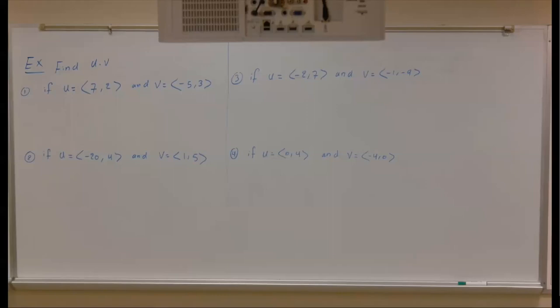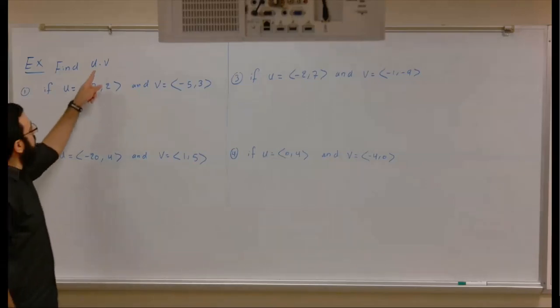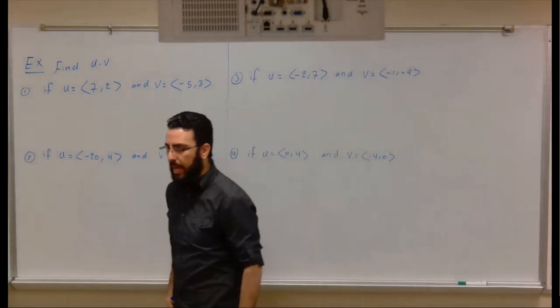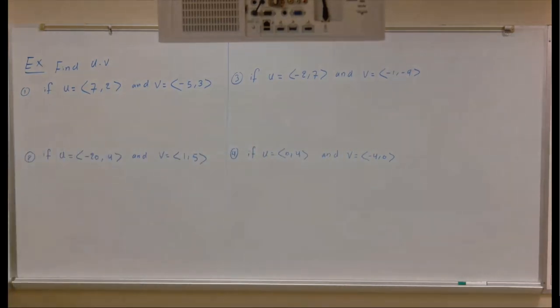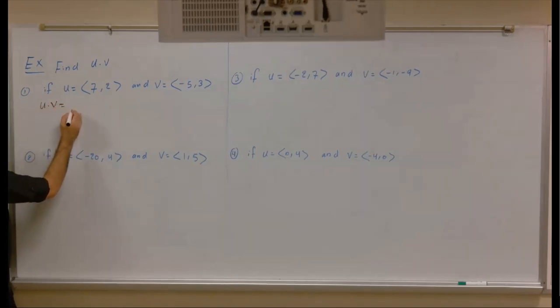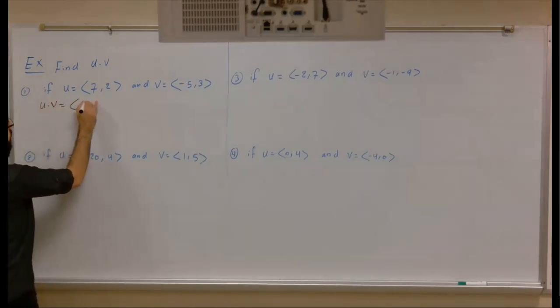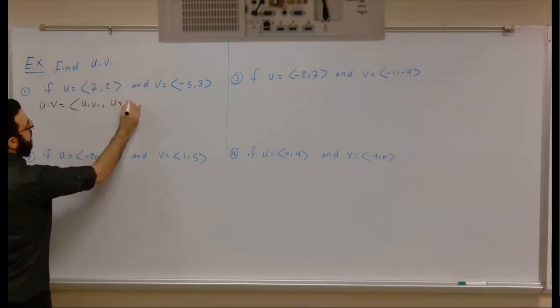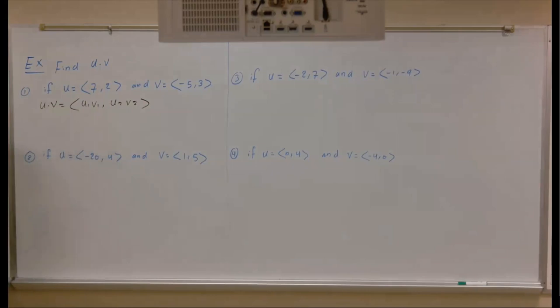In these examples, find the dot product between u and v. You can see we have u and we have v. How are we going to do the dot product? U dot product with v is going to be u1 v1 plus u2 v2. Is that right? Yes or no?